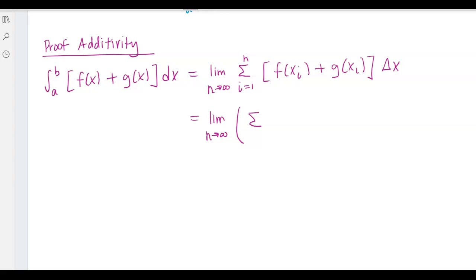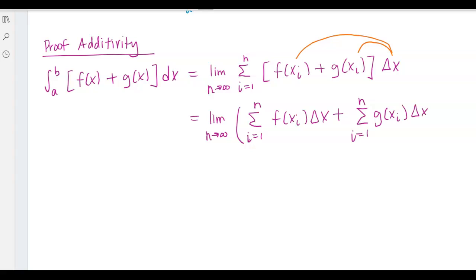I'm going to distribute this delta x to both of these and then split them into two separate sums at the same time. So I'll have f of x sub i times delta x, and then I'll have a separate summation, g of x sub i times delta x.